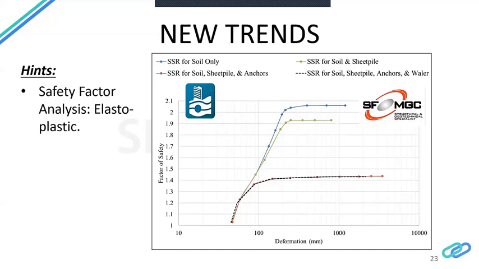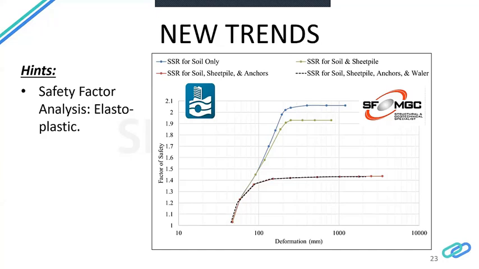We have constructed this model in Plaxis, which is finite element modeling software, and then we have run the SSR, or the shear strength reduction, which is a safety factor analysis tool, in Plaxis to get the factor of safety, which is the blue line. In this blue line, we get a factor of safety of 2, and only the soil was modeled as elastoplastic material, and the rest of the material was there in the model but modeled as linear elastic.